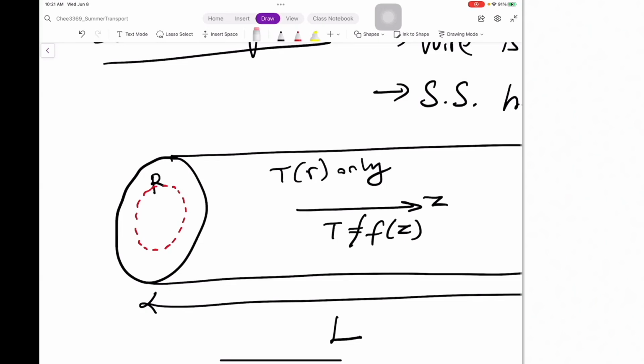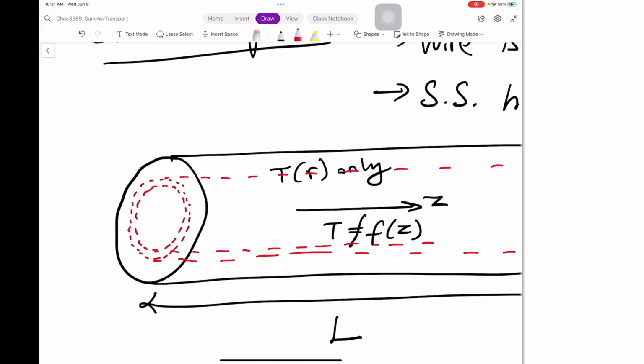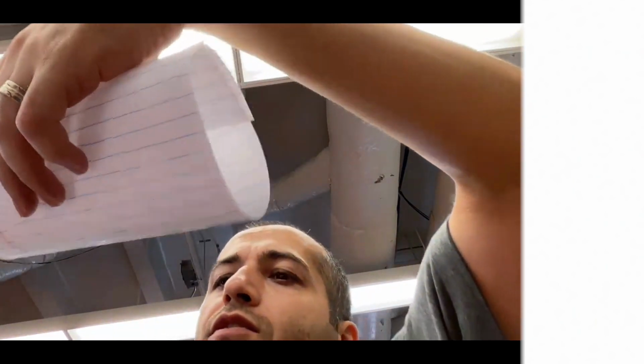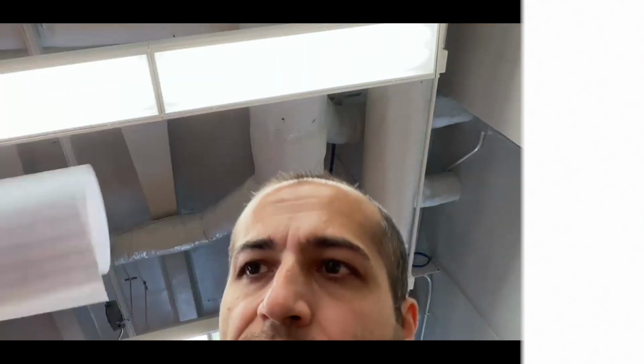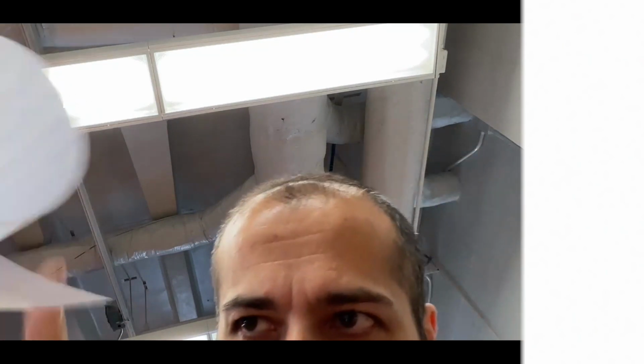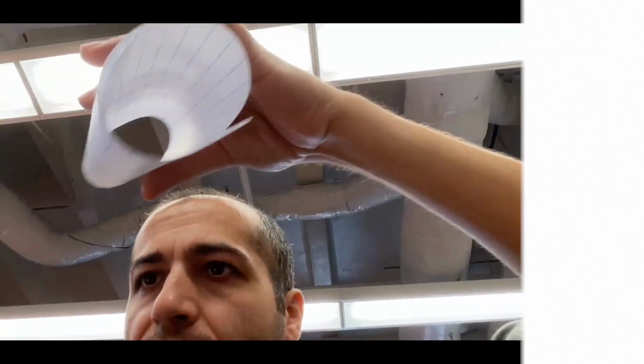Let's get rid of this R for a moment. I'm going to take my shell like this, and it's going to be a three-dimensional shell extended like this. Imagine that this is your cylinder, and your cylindrical shell is basically something like this. It just has a smaller radius, okay? This is your thin cylindrical shell. I just wrapped it, see?